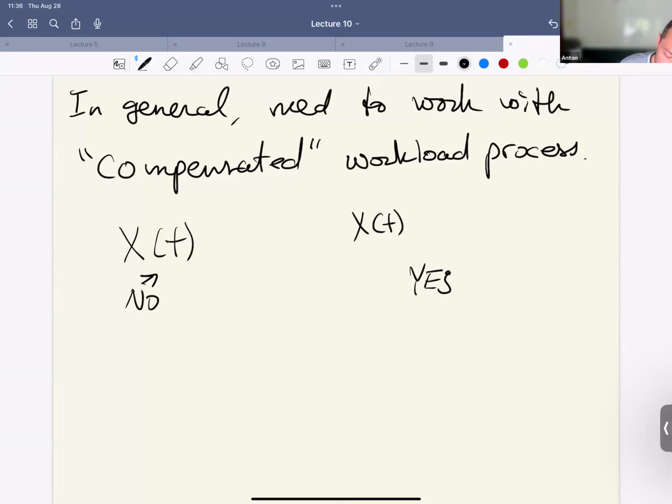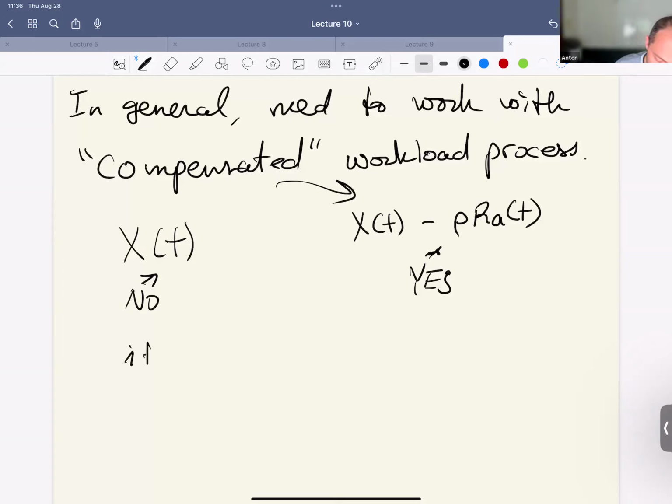At an arrival, we get s time units. So minus rho times residual arrival time of t. So this is the compensated process. What is the magical property of the compensated process? It has zero jump term, or the change is equal to zero in expectation on arrivals.